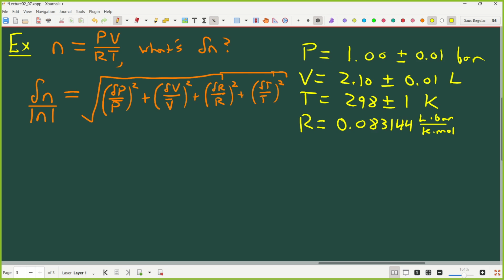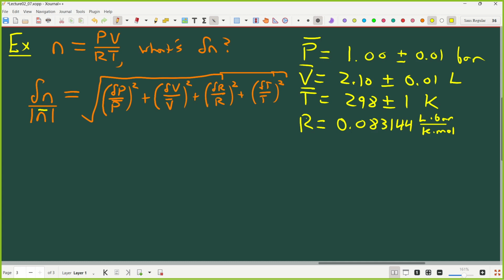That's the ideal gas constant for liters and bars. Okay, so all we have to do now is just plug and chug, right? But we need to calculate a few things first. First, we need to figure out what is the value of n we measure, the denominator here. n is the value that we measure with the values of V, P, and T that we measure in the experiment. I'll call these P, V, T, and R. So first we need to calculate n, the value of the moles that we get.